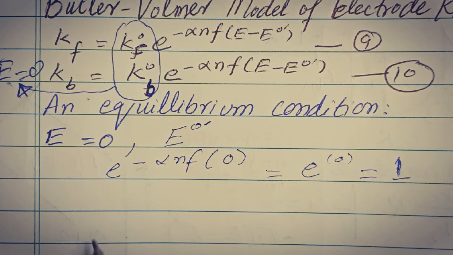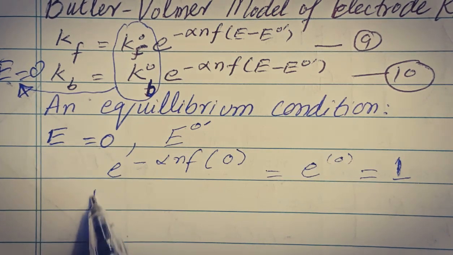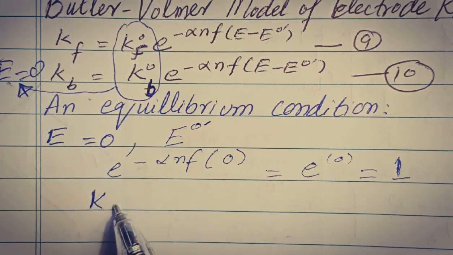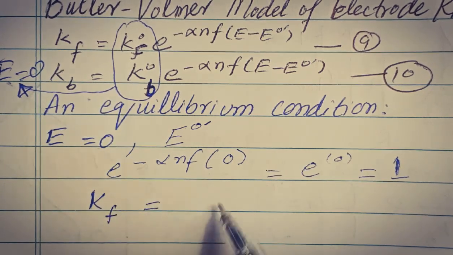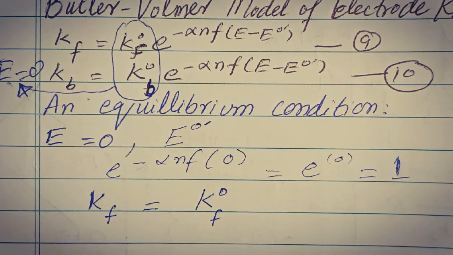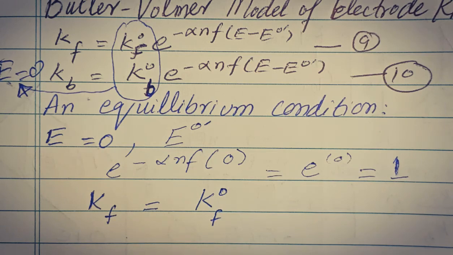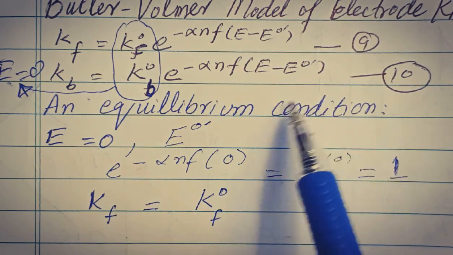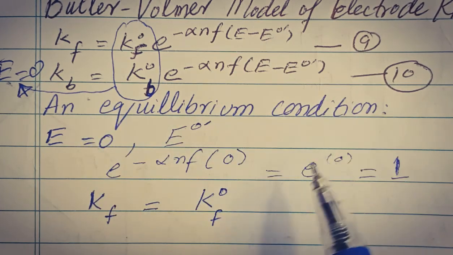For this case, the rate constant of the forward reaction will be equal to the constant for equilibrium condition. The same condition can be applied to equation number 10.